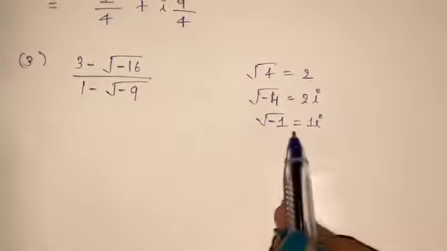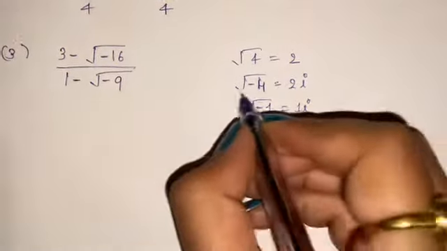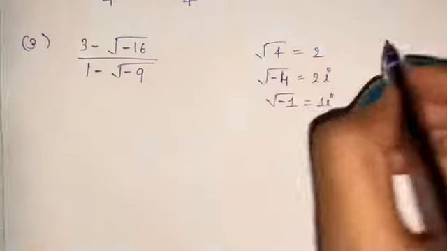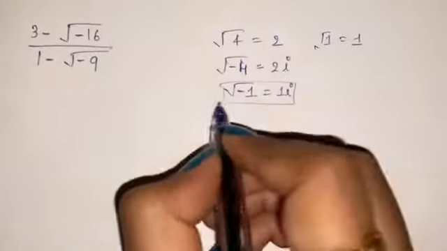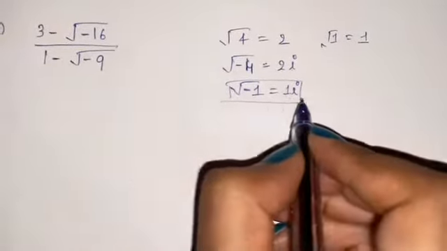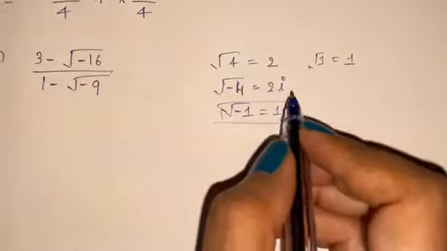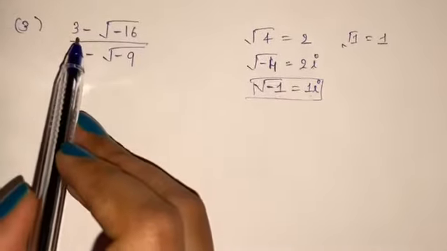So 1i is nothing but i. So the square root of minus 1, you will get i. The square root of minus 4, you will get 2i. But if it is the square root of 4, you will get 2. If it is the square root of 1, you will get 1. So keep this in mind. The square root of any negative number, you will get a complex number that is in the form of i.